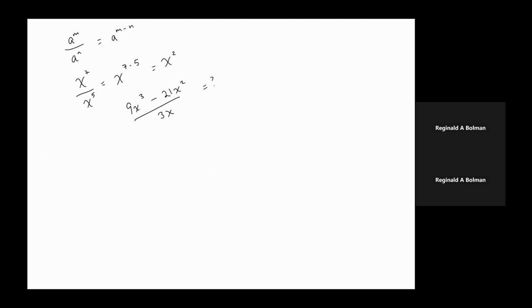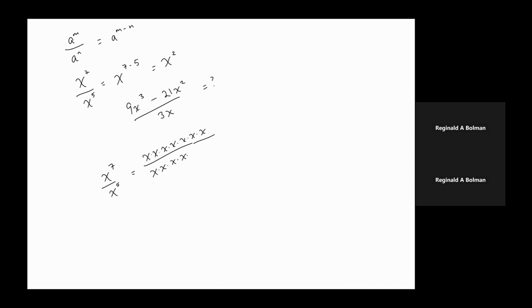If we back up to the case of dividing a monomial by another monomial, you'll recall that one of the reasons why this obeys the exponent subtraction rule in the first place is that on top you've got x multiplied by itself 7 times, and on the bottom you've got x multiplied by itself 5 times.